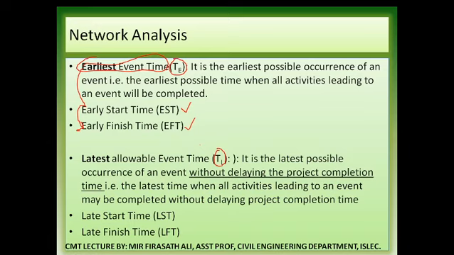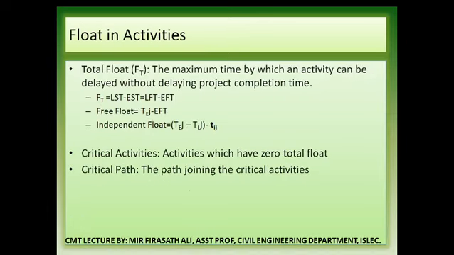In latest allowable time, it is the latest possible occurrence of an event without delaying the project completion time. That is the latest time when all activities leading to an event may be completed without delaying the project completion time. Intermediate activities can be delayed, but when we talk about the final project time, it should not get delayed. Latest allowable time TL is of two types, latest start time and latest finish time.